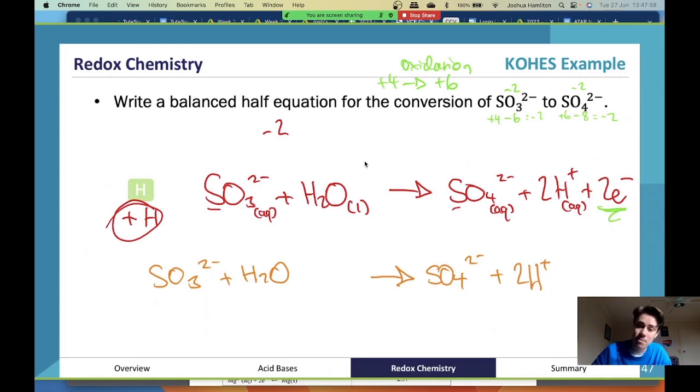We need to add in hydroxides. Now, how many hydroxides am I going to be adding in? Because I want to balance this out. Well, I'm going to be adding in 2 OH minus, and I'm going to be adding in 2 OH minus. You need to add it to both sides here. You can't add to one side because you're not balancing. In this one, you're neutralizing or cancelling out.